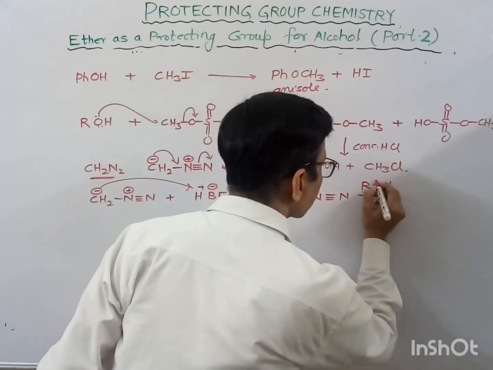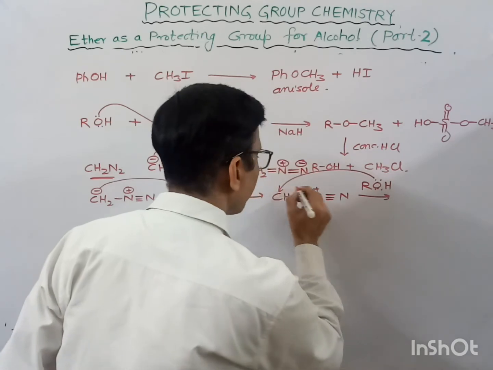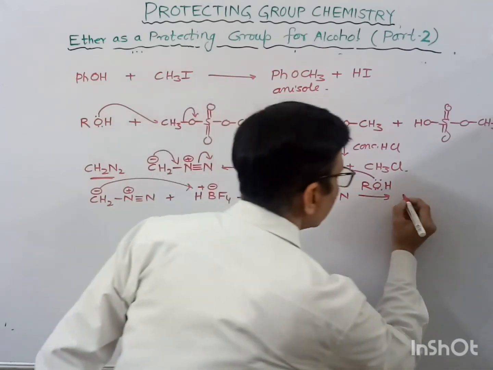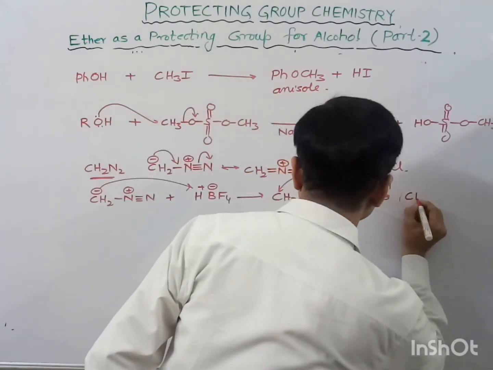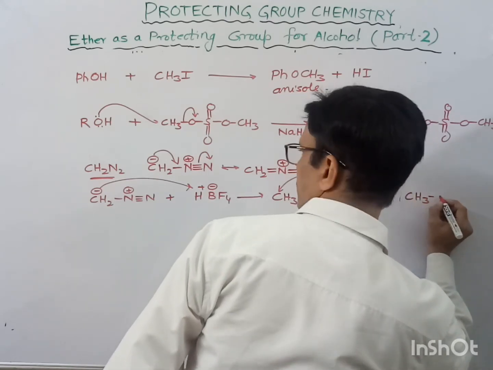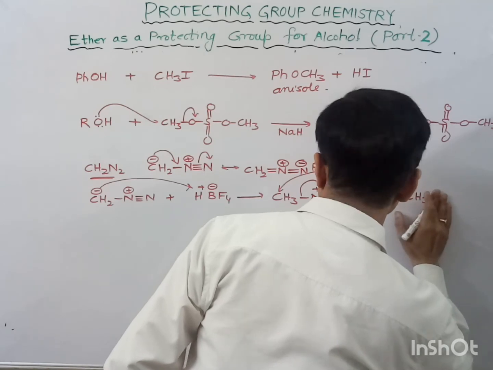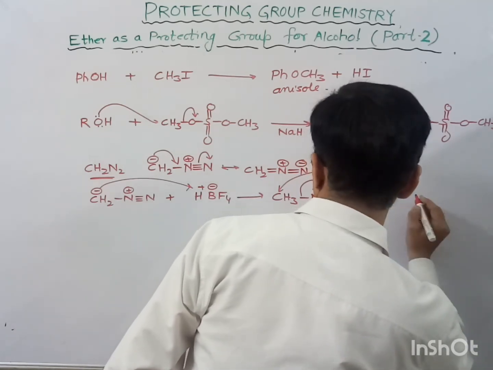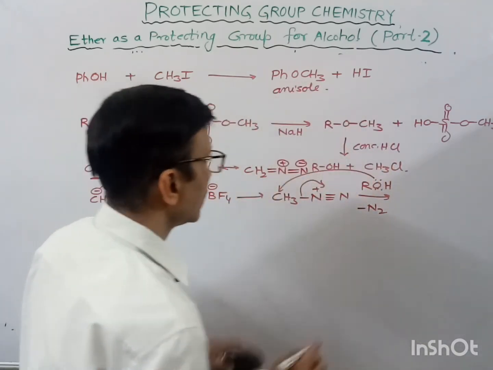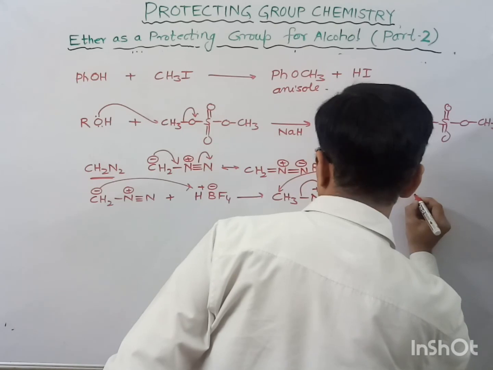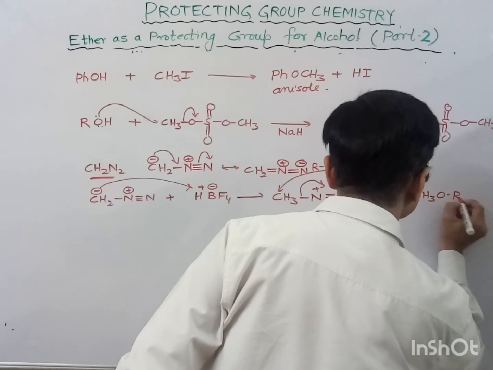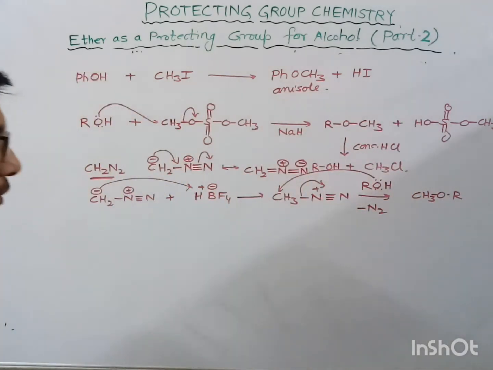We have ROH, then this N2 will leave out. So what will you get? You will get CH3, this N2 is removed, and we will get the methyl ether. Okay, ether.